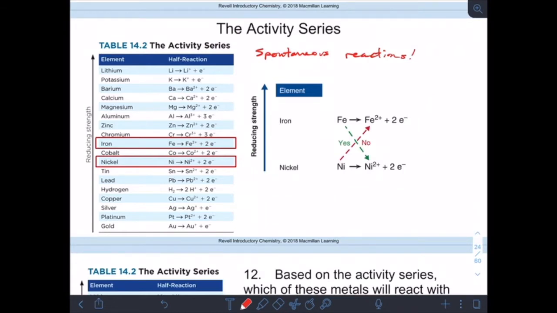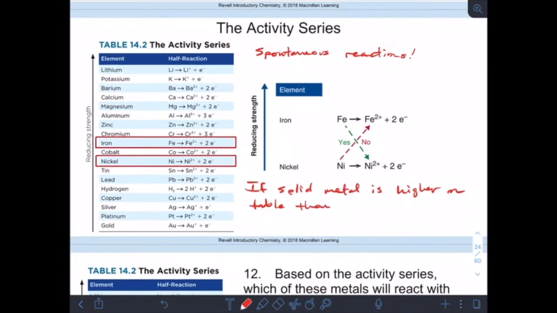In some cases yes, and in some cases no. The way to tell is if solid metal is higher on the table than the ion it's with.